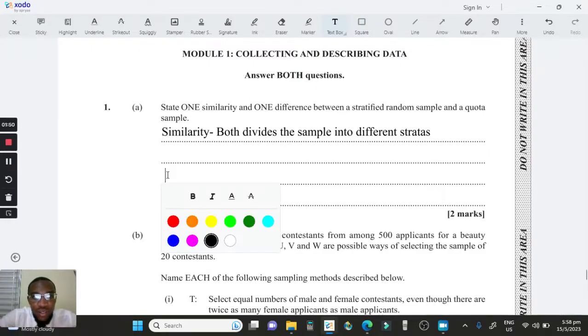Now the difference is that stratified random sample, as the name suggests, is a random sampling technique. Quota is a non-random sampling technique.